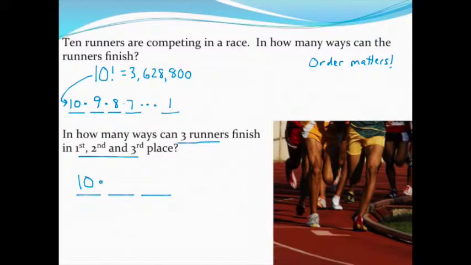Because that same person cannot finish in second, there's only 9 people that can come in second place, and then there's only 8 people that can come in third place. So multiplying those together, 10 times 9 times 8, gets me 720 different ways that I can get first, second, and third place. Well, this leads to an interesting idea, and let's take a look at another way we can evaluate permutations on this next slide.